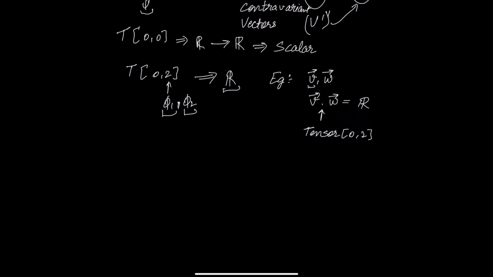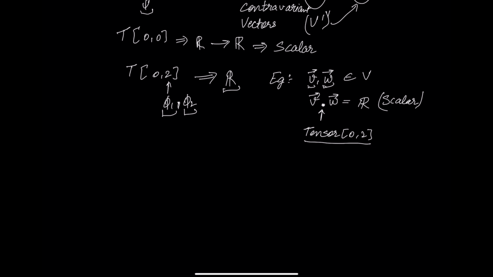Let's say we have two vectors, and these vectors belong to vector space. Now if we do a dot product, we get a real quantity which is a scalar. So this dot product that we have been doing since our undergrad is just a tensor of type 0, comma 2.